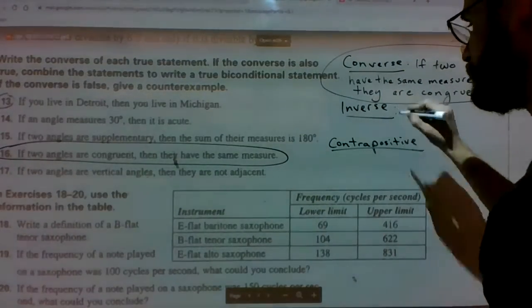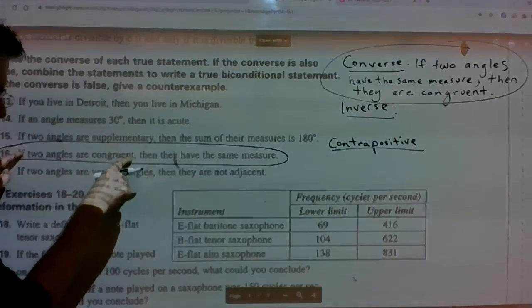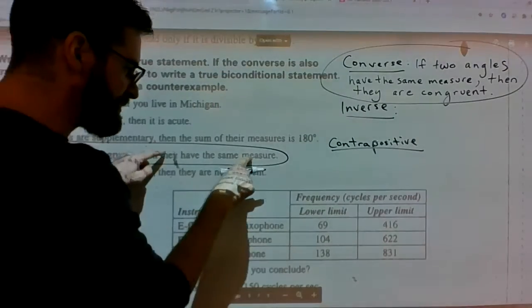Second one, the inverse. This is where you negate the first statement, negate the second statement.